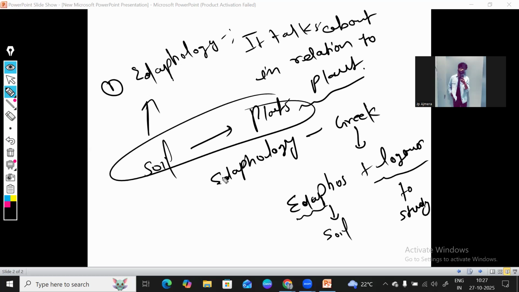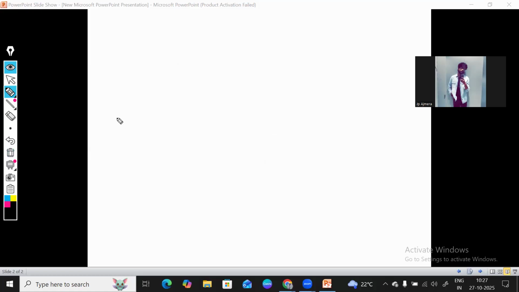So edaphology is the study of various properties of soil in relation to growth, nutrition, and yield of crop. Basically, they are talking in relation to the plant. It consists of two Greek words, edaphos, which means soil, and logos, which means study. The main thing to know here is that according to edaphology, soil is a natural habitat.